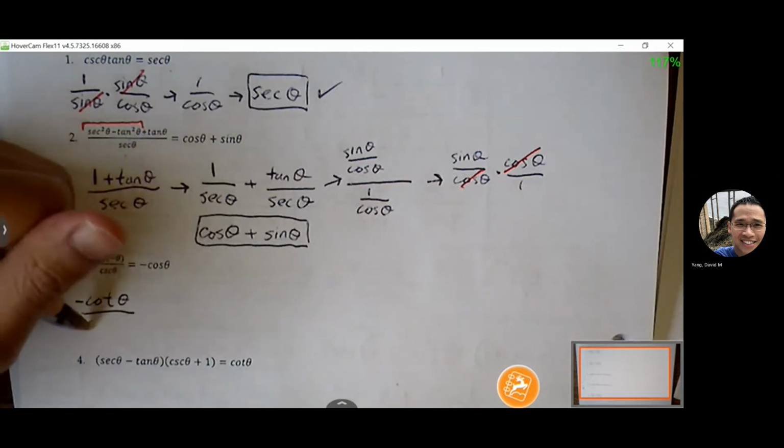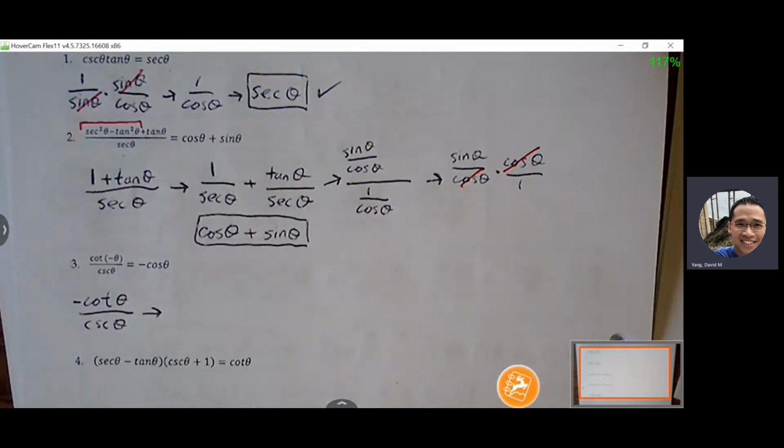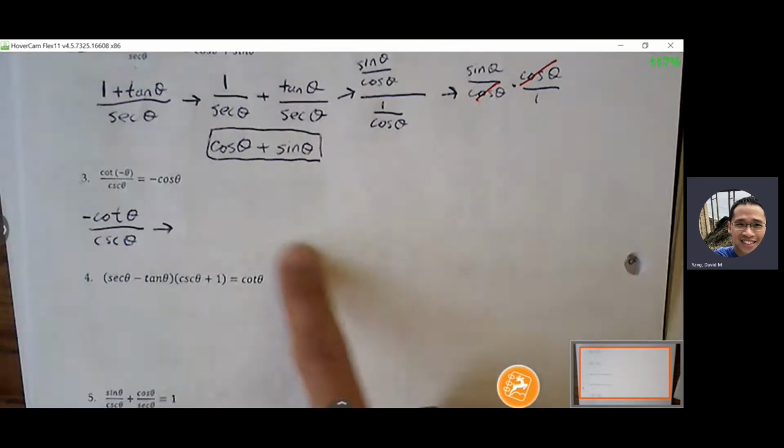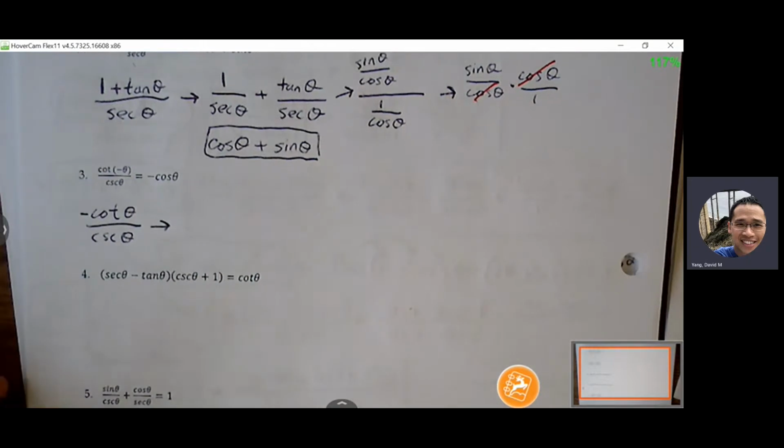Okay, this should be pretty easy here. What do you think we can do here? Everything in terms of sine and cosine, right? Because we're seeing cosine here. We're hoping that when we do that, a bunch of stuff will cancel out and we're left with just cosine.